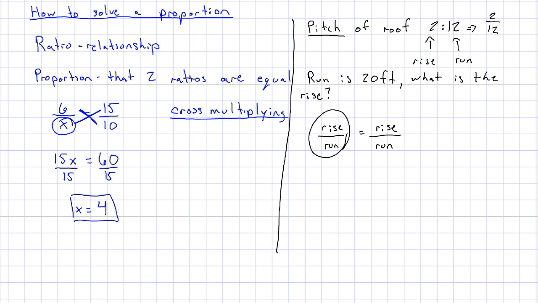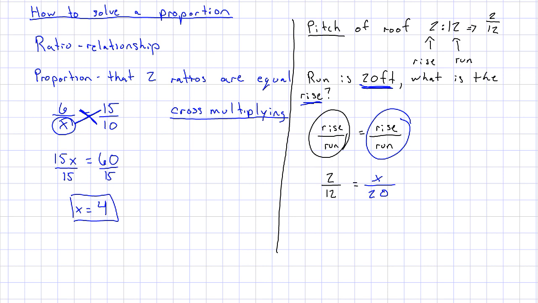So this left-hand side, I'm going to have be the original ratio that I was given. So 2 divided by 12. And then the right-hand side of the equation, I'm going to use the new information they gave me. They're asking me to find the rise. So whenever there's that question, I know that's going to be my variable. So I'll use X, although you could use any letter. And then they tell me that the run is 20 feet.